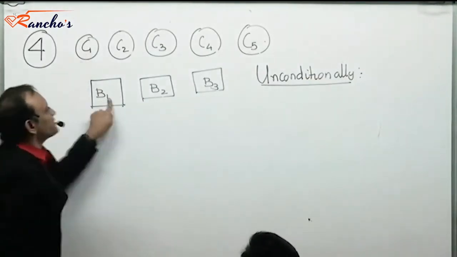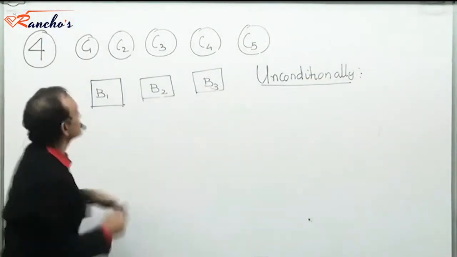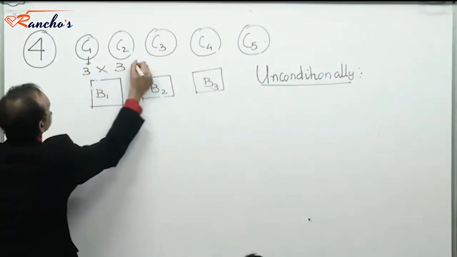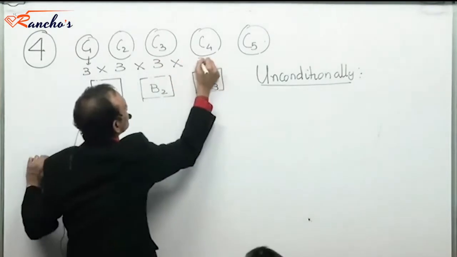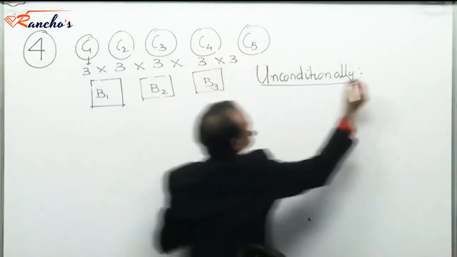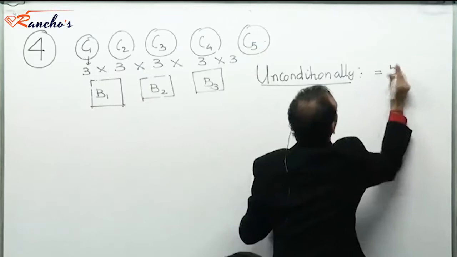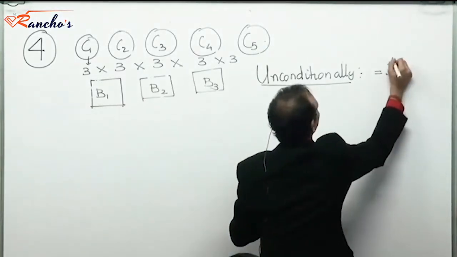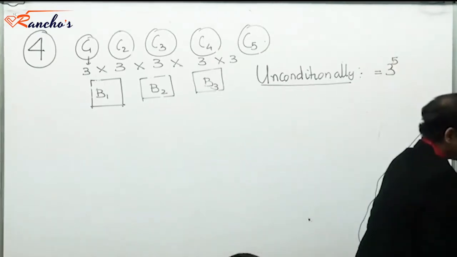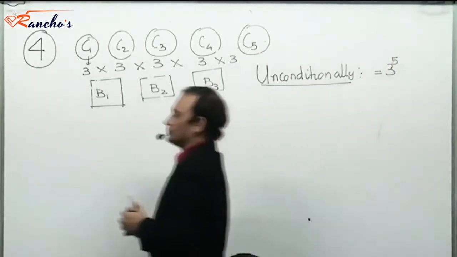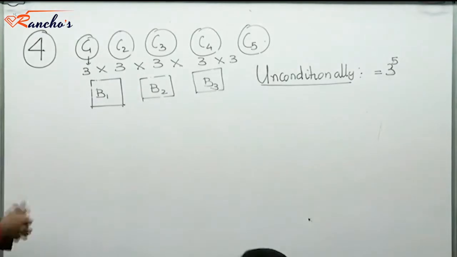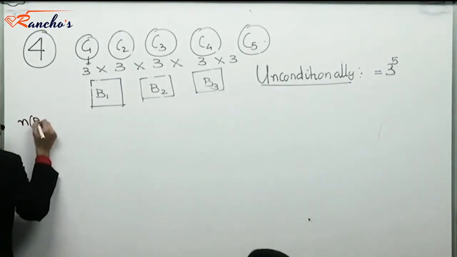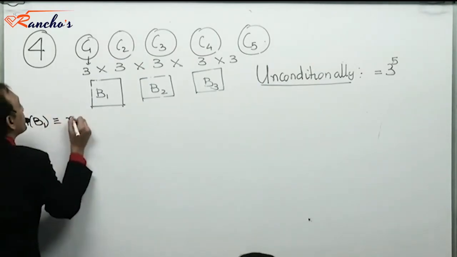C1 could be placed in any one of the 3 boxes. C2 could be placed in any one of the 3 boxes. C3 in any 3, C4 in any 3, C5 in any 3. So that makes it 3 to the power 5. Now, NB1 say is the number of ways in which box B1 remains empty.